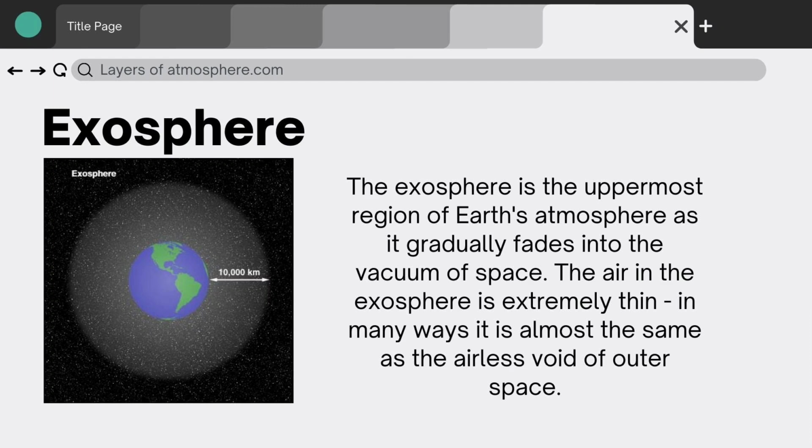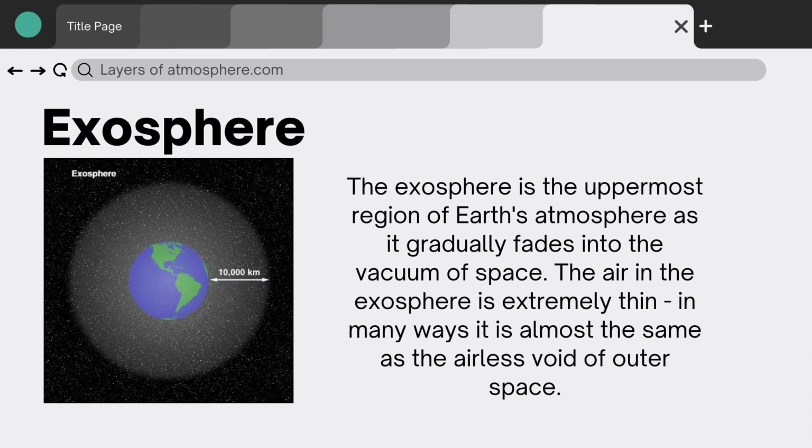The last one, exosphere. The exosphere is the uppermost region of Earth's atmosphere as it gradually fades into the vacuum of space. The air in the exosphere is extremely thin in many ways. It is almost the same as the airless void of outer space. The region above 500 km is called the exosphere.